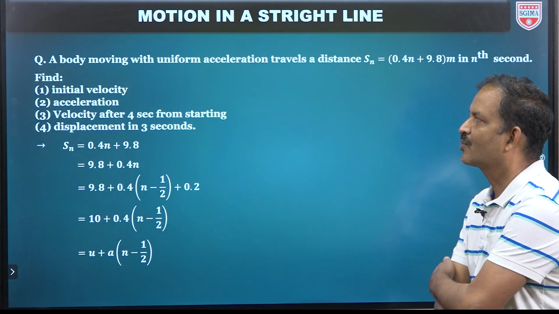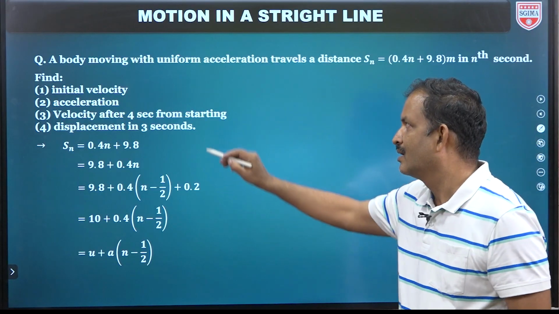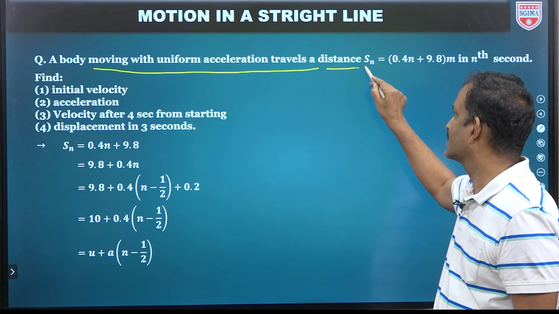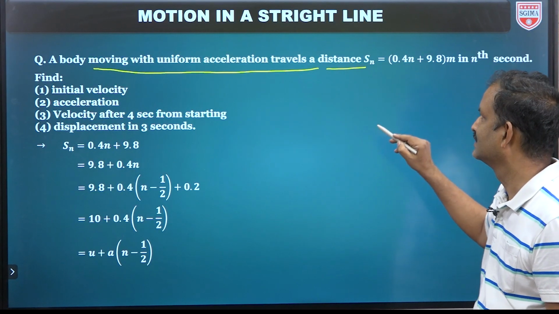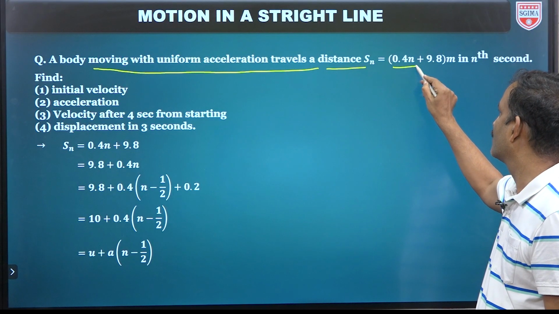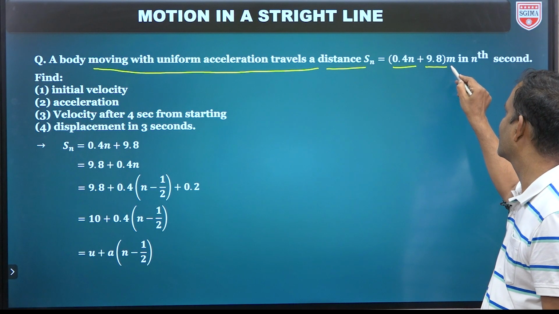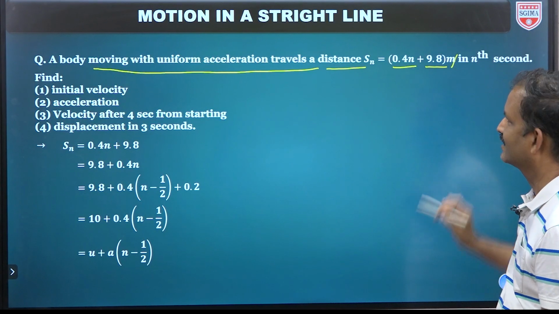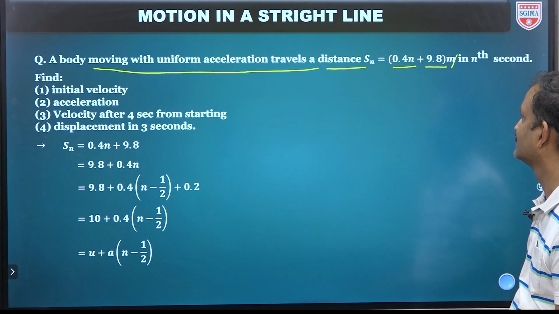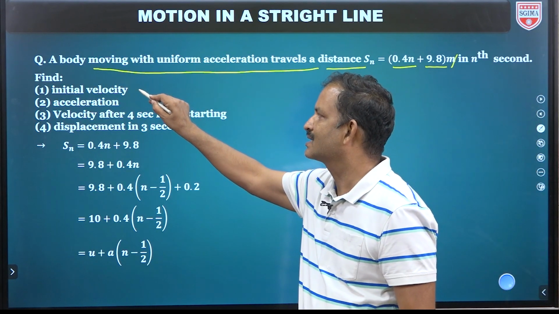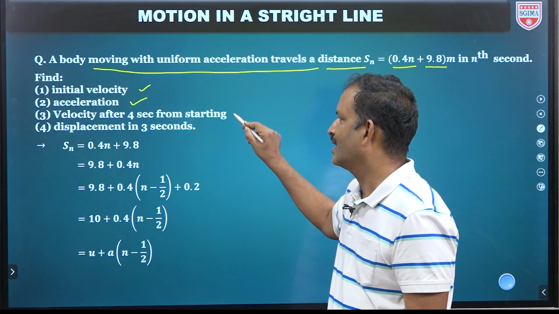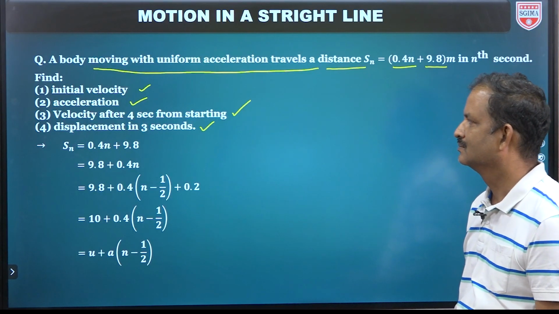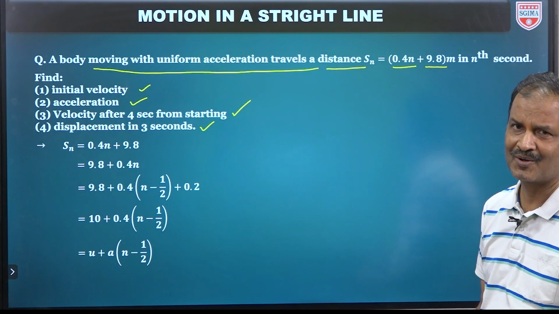Now, I am giving one problem. A body moving with uniform acceleration travels a distance Sn equal to 0.4 n plus 9.8 meters in the nth second. Find the initial velocity, acceleration, velocity after 4 seconds from starting, and displacement in 3 seconds. These are the things we have to find out.